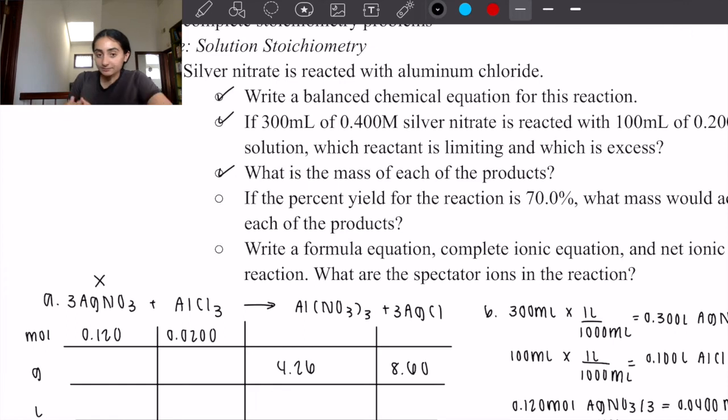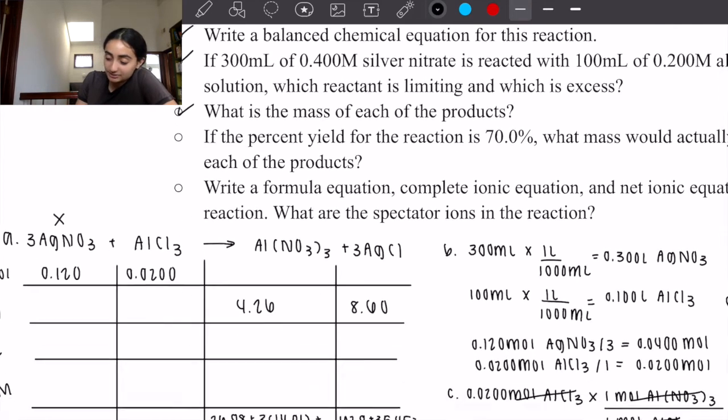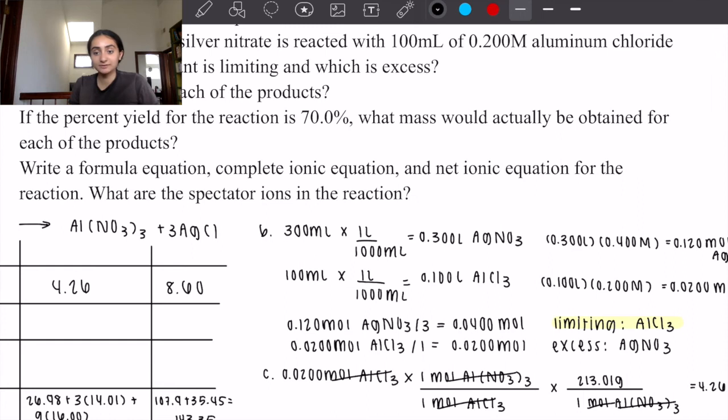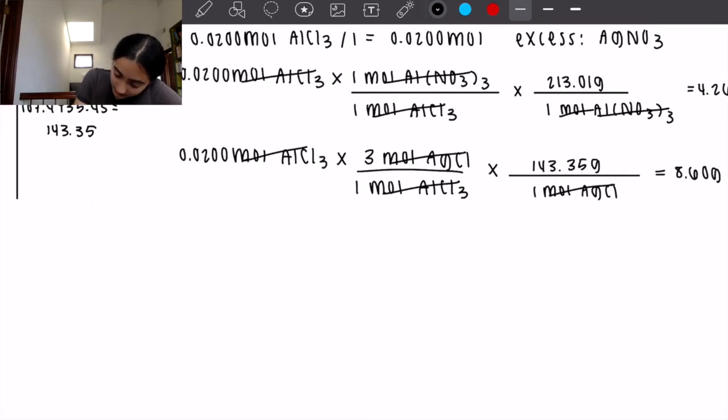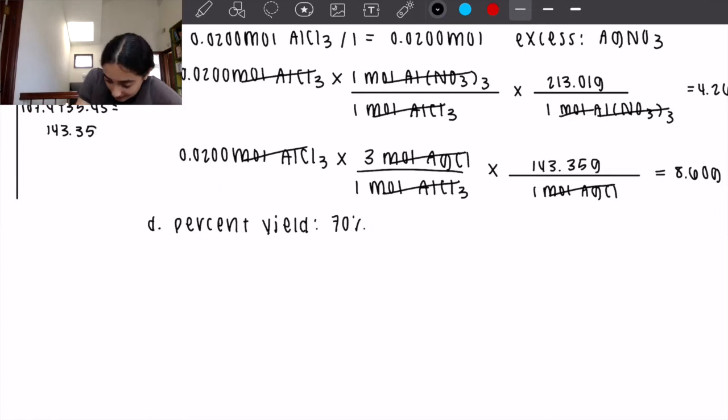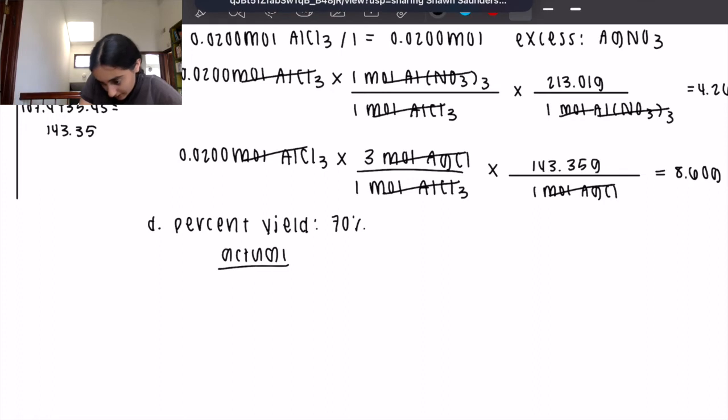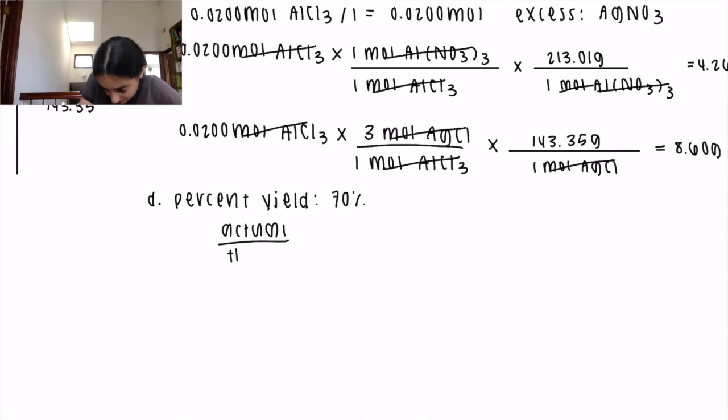Okay, so now part D. With the percent yield of 70%, what mass would actually be obtained for each of the products? So remember, percent yield is the actual over the theoretical times 100.